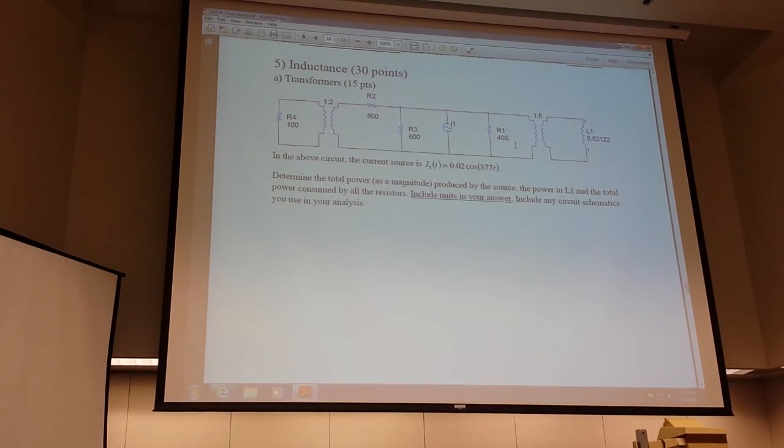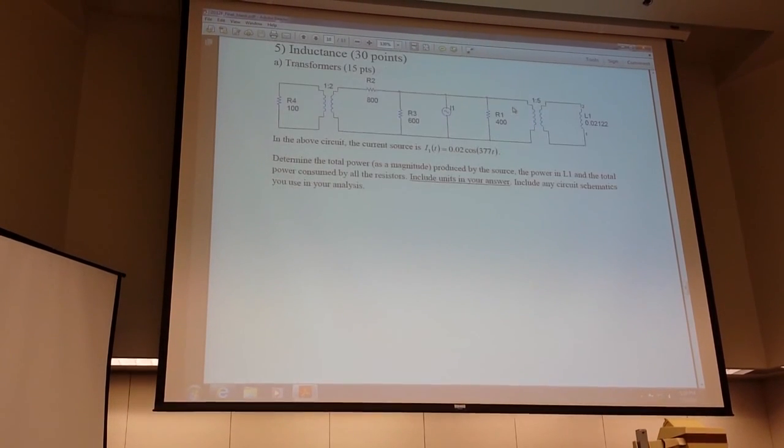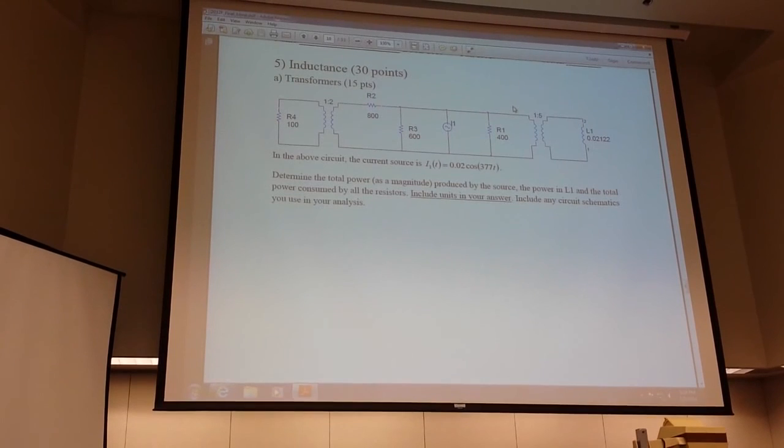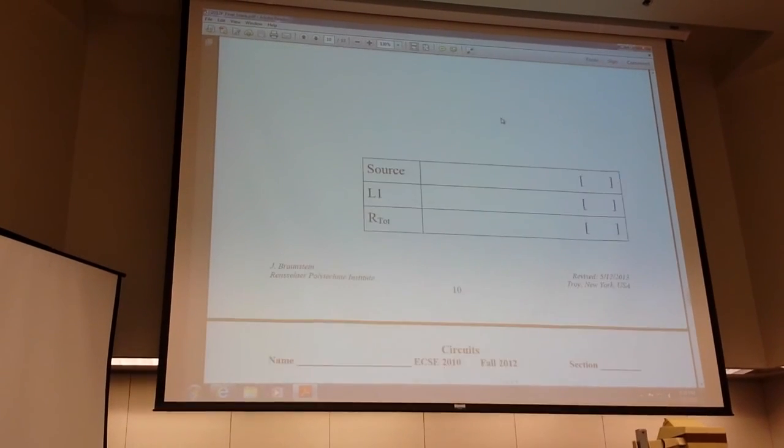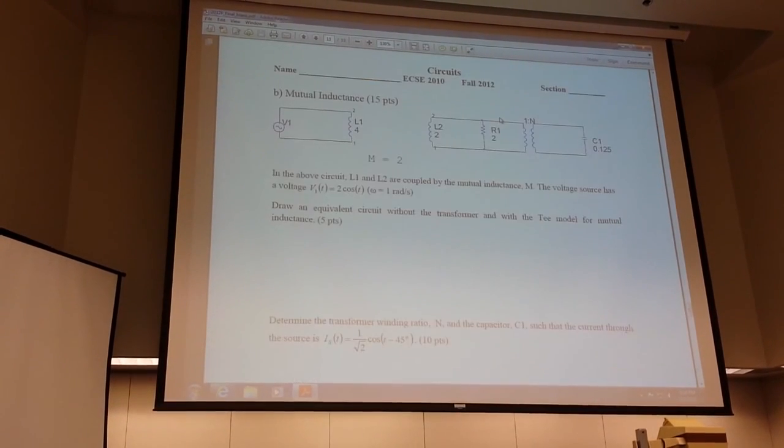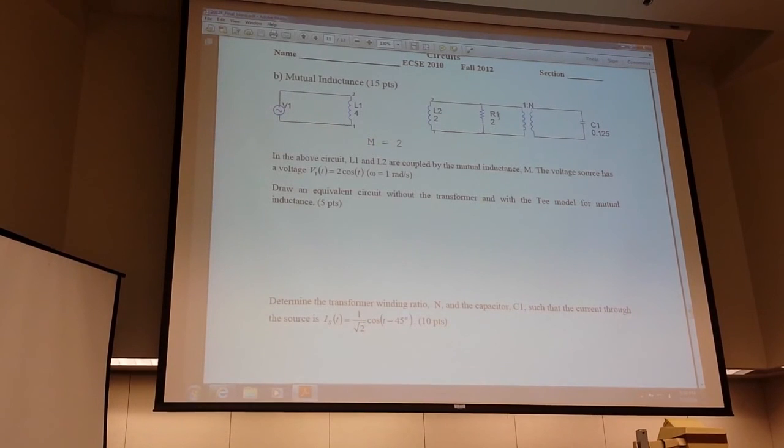That was the goal. So, if you had a problem like this on the whole, does anybody need to particularly see this? Again, something similar or familiar. We have a T-model mutual inductance.